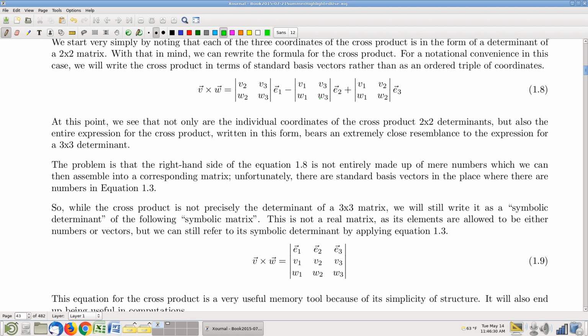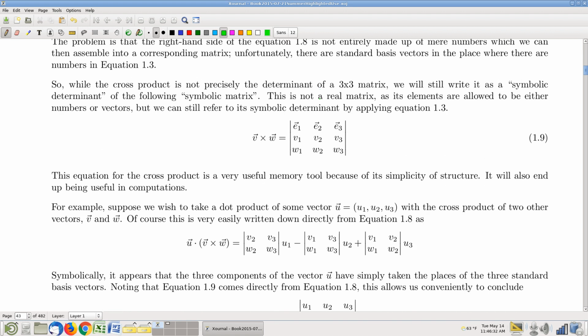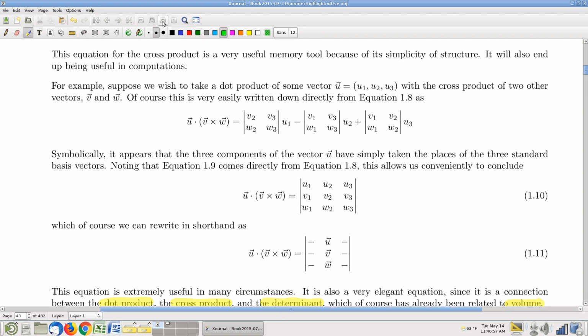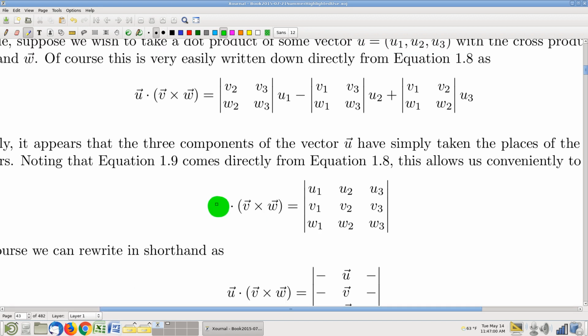So neat result then. Very surprising result. This weirdo little construction, a dot product of a cross product, is computed by a determinant. And the pattern is lovely. They call this a triple product because it's a product that involves three vectors, u, v, and w. In this construction, the first vector of the triple product, make that the top row.